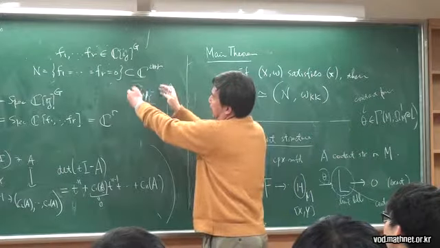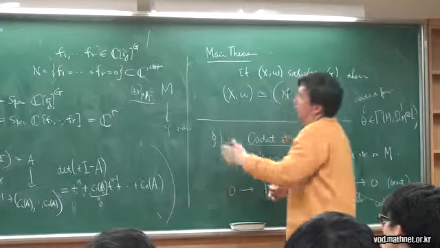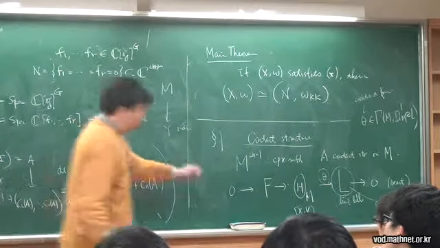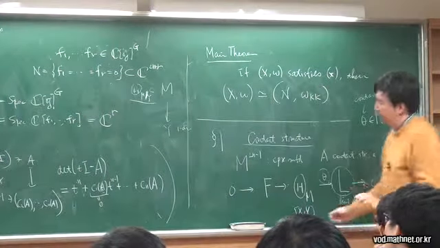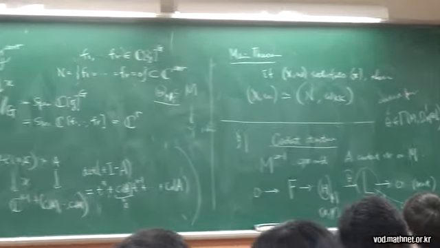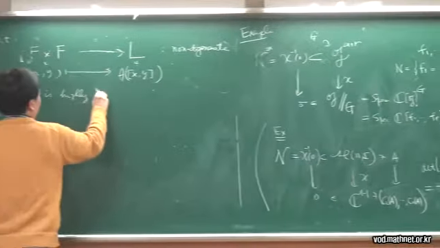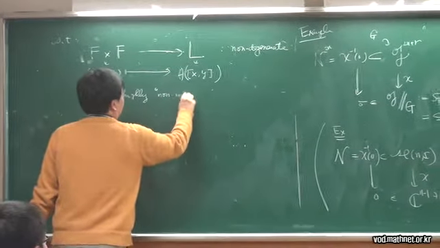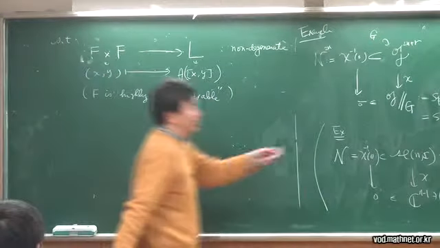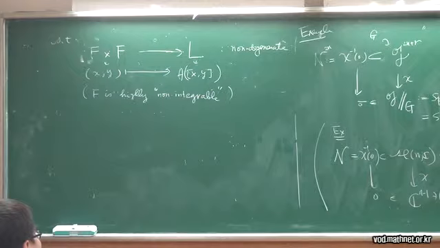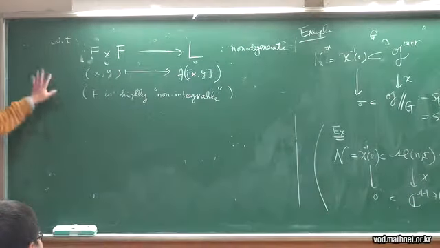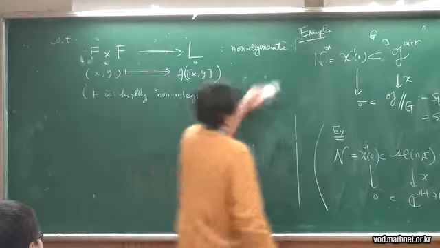Integrable means it is closed under the bracket. So this should be 0. This means that F is highly non-integrable. So it doesn't come from any such fibrations or foliations. This is the meaning of the contact structure.